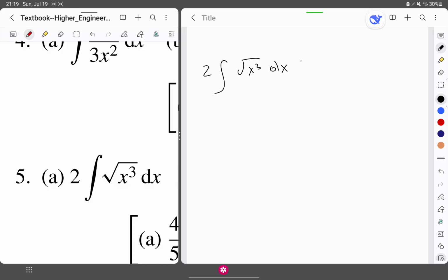It means that 2 times x to the power of 3 over 2 dx, and it will be 2 times four.